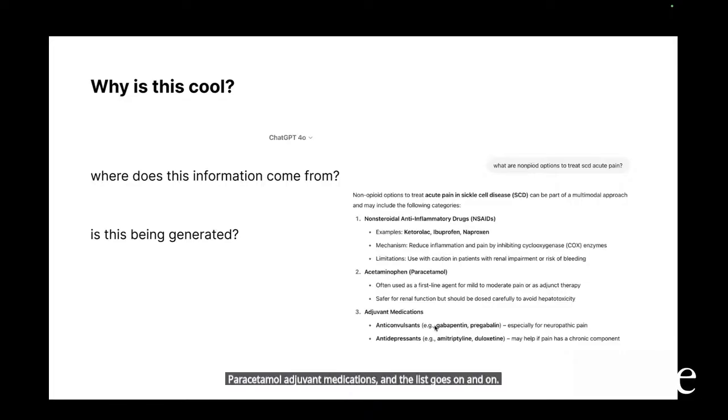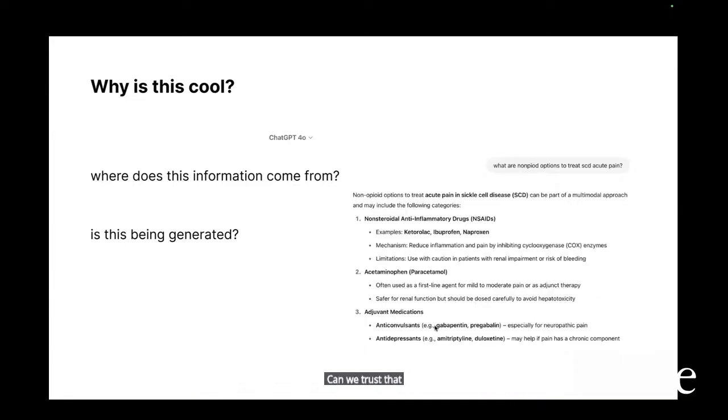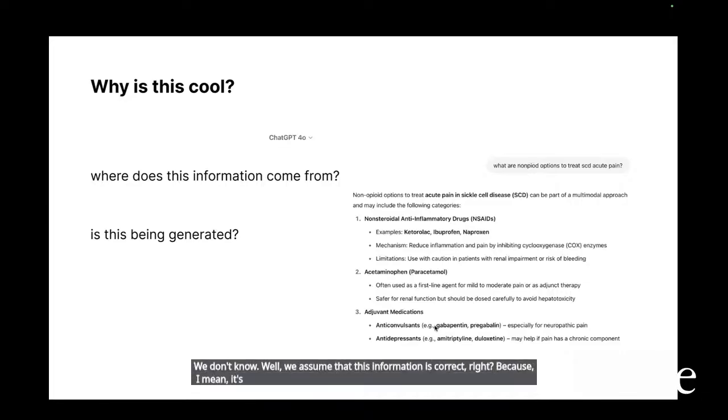But I could ask and we could discuss, where does this information come from? Can we trust that this information is safe and accurate and can be used to actually treat a patient that is in pain? We don't know. Well, we assume that this information is correct, right? Because, I mean, it's giving you an answer, we probably can trust it, right?